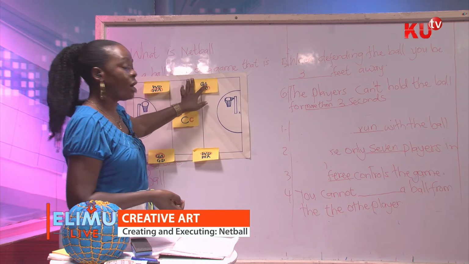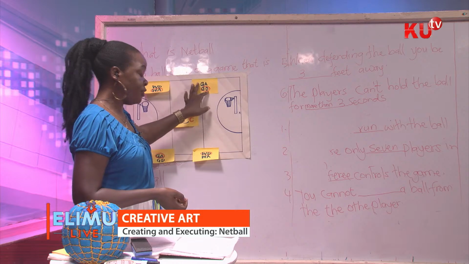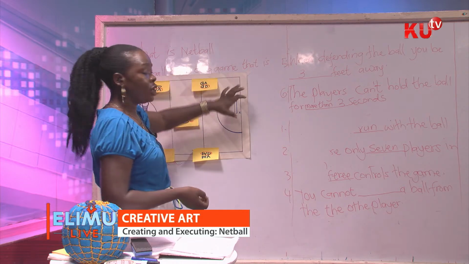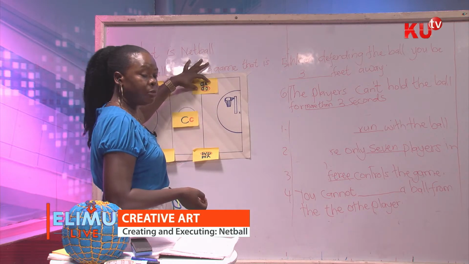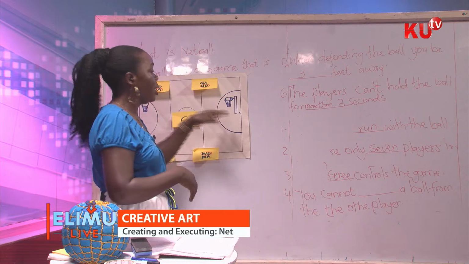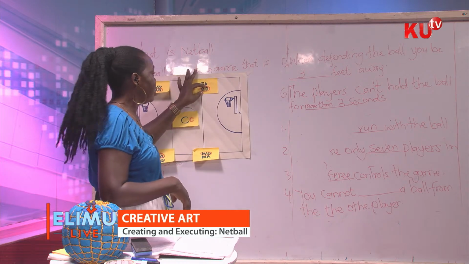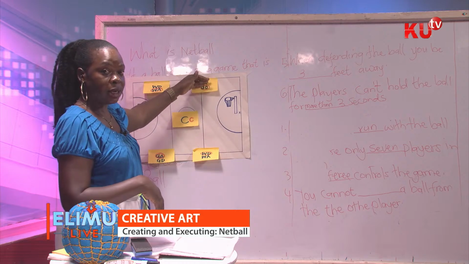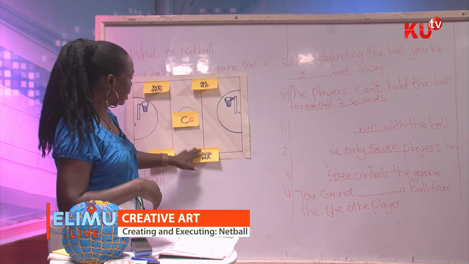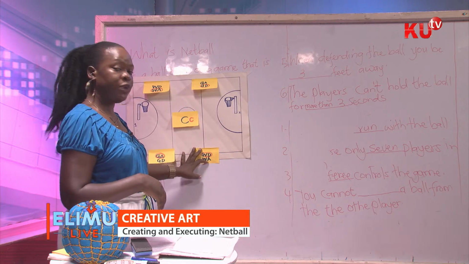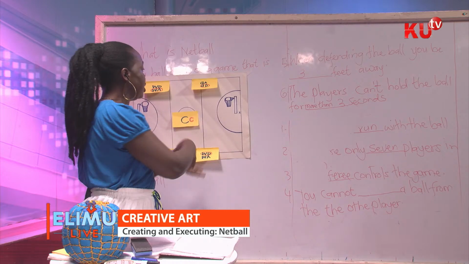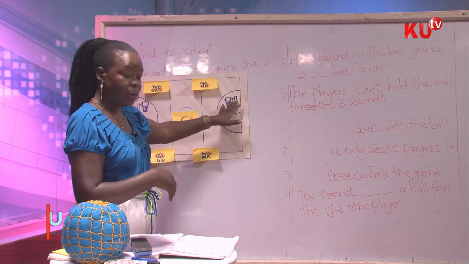And then number 5, we had the goal attacker and the goal defender. And I said here, the goal attacker gets the ball for the goal shooter. Any other rebounding ball, the goal attacker can also pass to the goal shooter. As the goal defender, this side defends the goal attacker from passing the ball to the goal shooter. And in number 6, we were having wing defender and wing attacker. The wing attacker also receives the ball and passes it to the goal shooter.